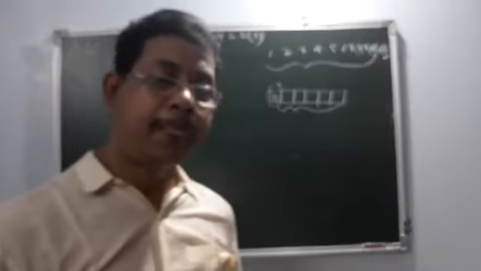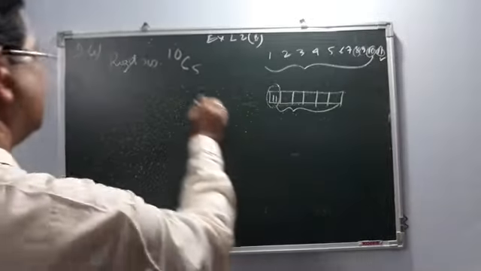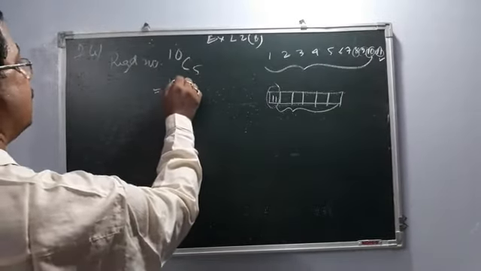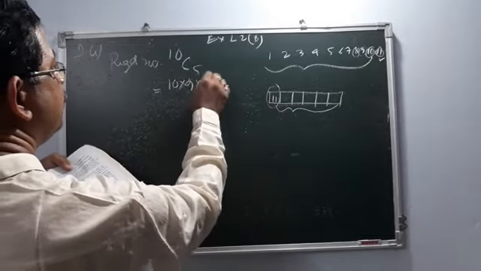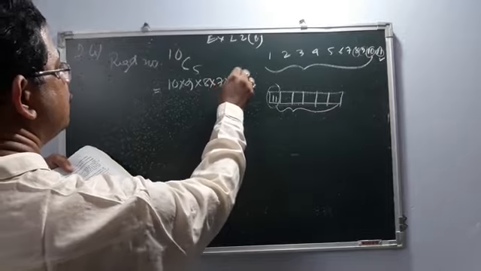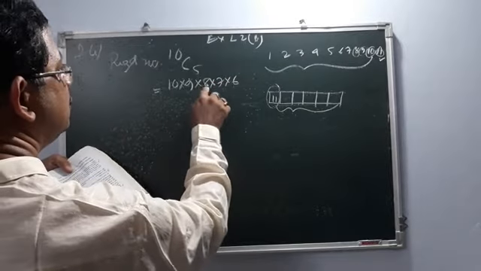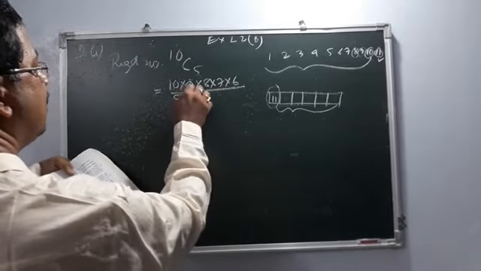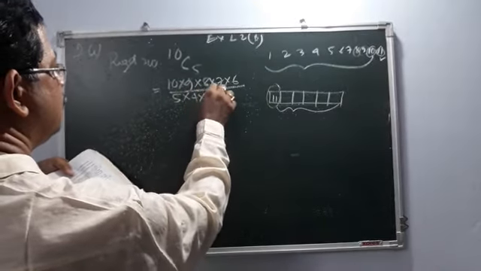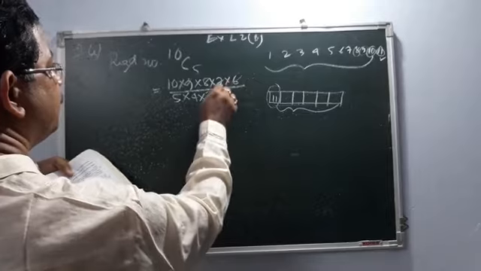So this can be written as 10 into 9 into 8 into 7 into 6, 5 terms, divided by 5 factorial, 5 into 4 into 3 into 2.